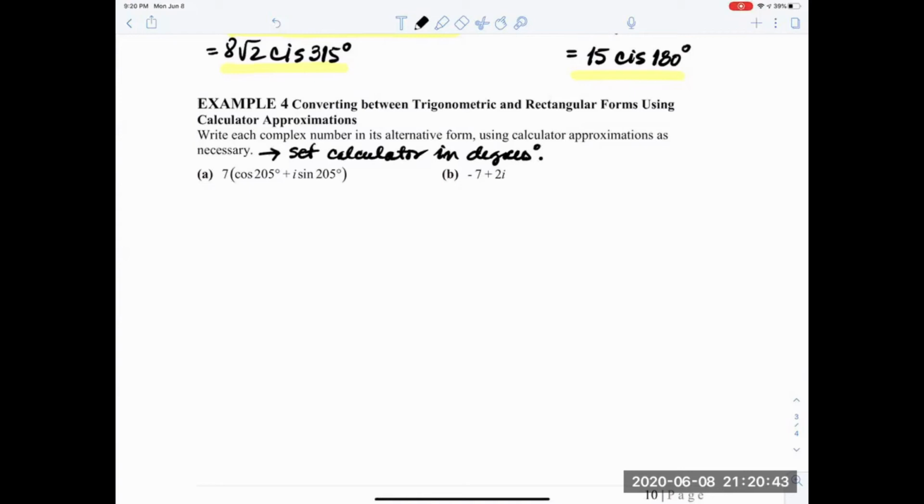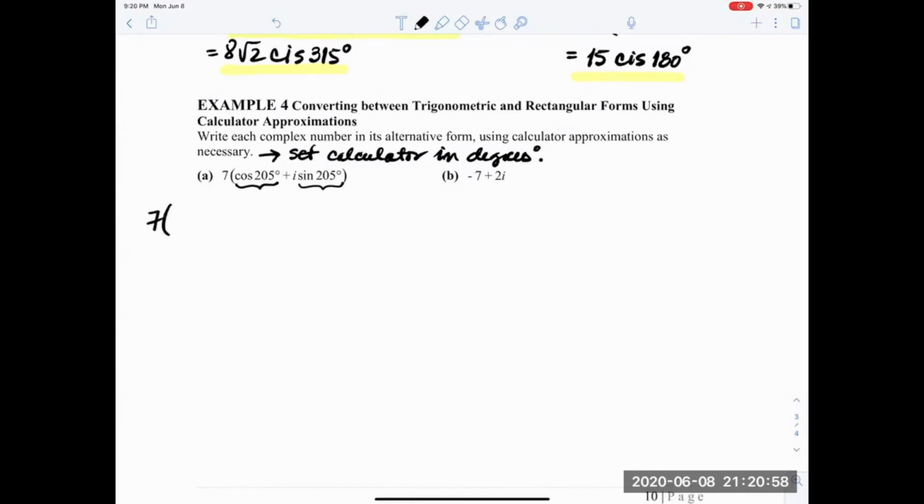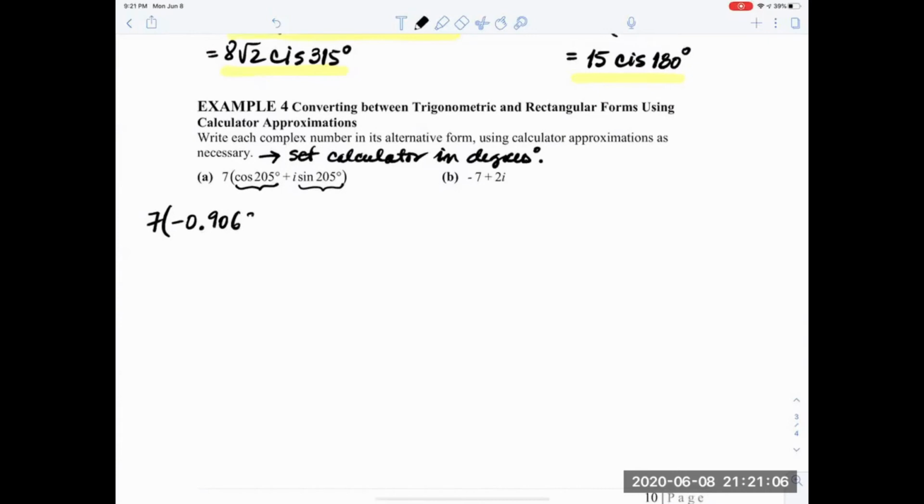So here, the first thing you want to do is depict these particular values using a calculator. So if you use your calculator, I actually kept a bunch of decimals. I'm going to write them all. So 7 parentheses. Now I'm getting cosine of 205, negative 0.906307787.